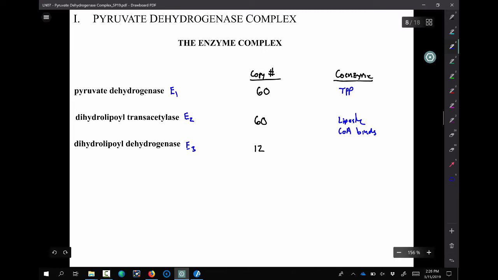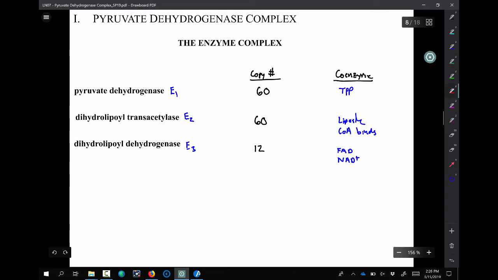And then finally, down here, the dehydrogenase has the coenzyme FAD, and also NAD will bind to it and release as NADH. So those are your coenzymes and where they're located in this complex of enzymes.